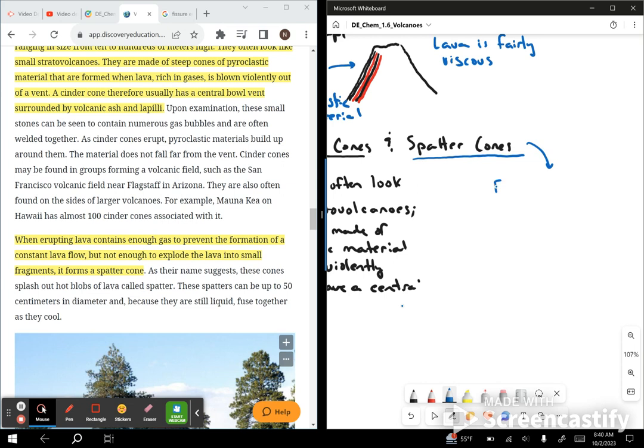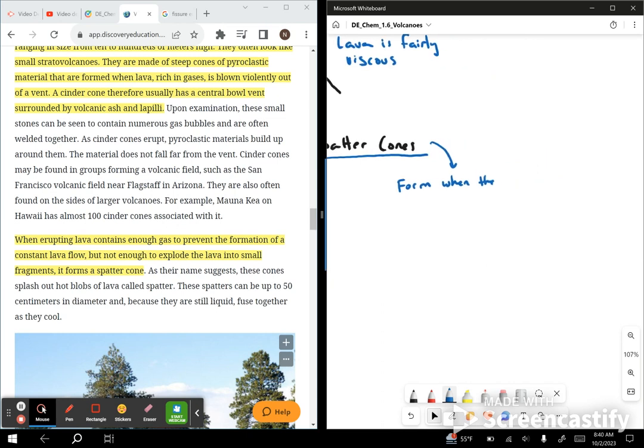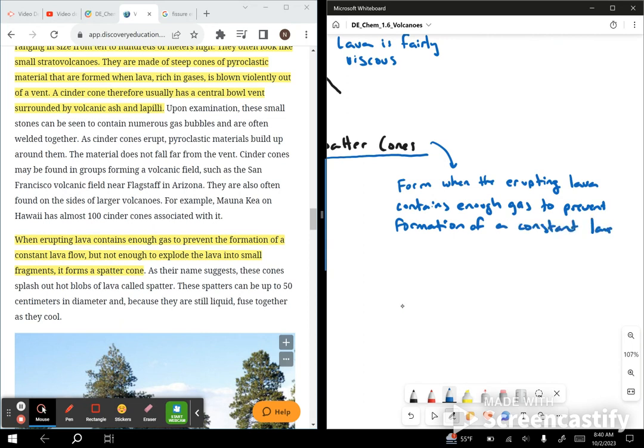These guys form when the erupting lava contains enough gas to prevent formation of a constant lava flow, but not enough to explode lava into small fragments.